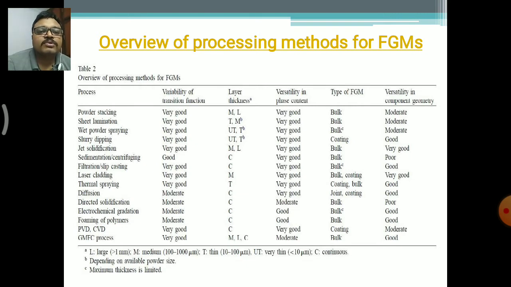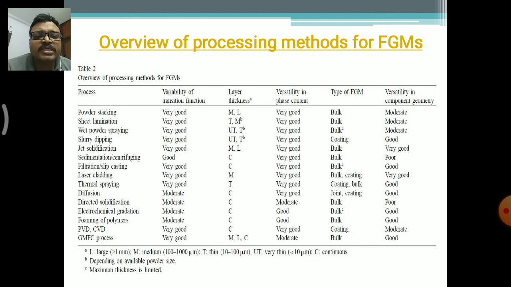Coming to the processing methods, the first column is the process. There are different types of process: powder stacking, sheet lamination, wet powder spraying, slurry dipping, jet solidification. There are so many types of process.